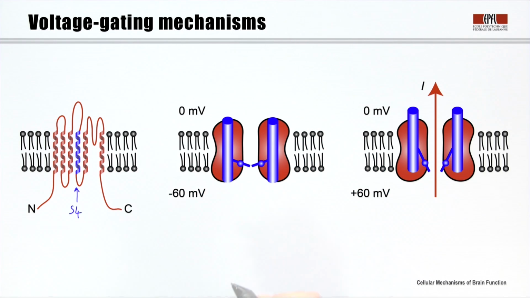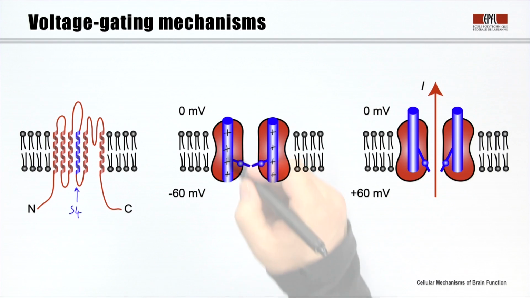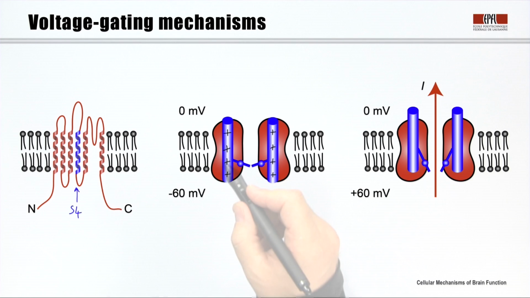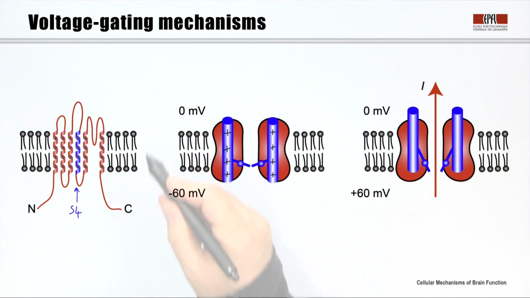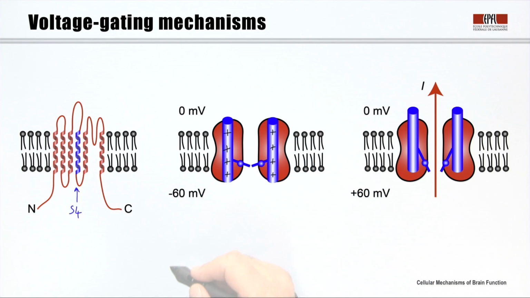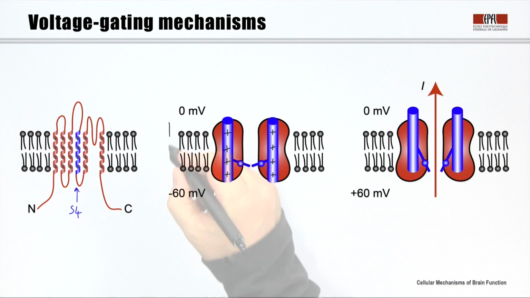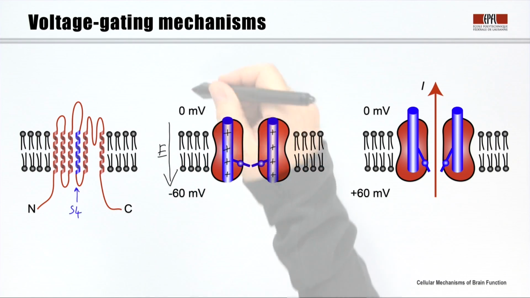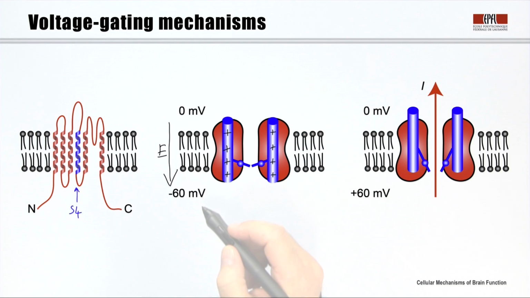The S4 voltage sensing region is, interestingly, positively charged. It's full of arginine amino acids that have positive charge on them. The ability of the S4 region to be relatively mobile and that it's charged allows it to interact with the electric field across the plasma membrane. At hyperpolarized potentials, there's a strong electric field that is from the outside to the inside.